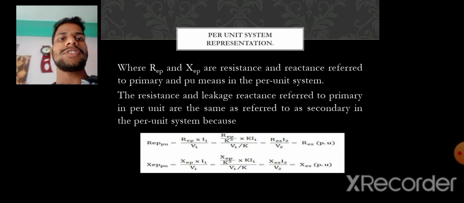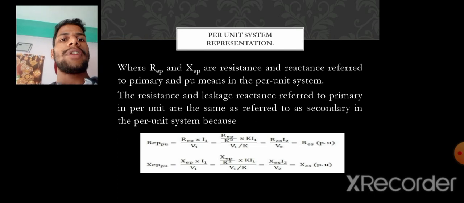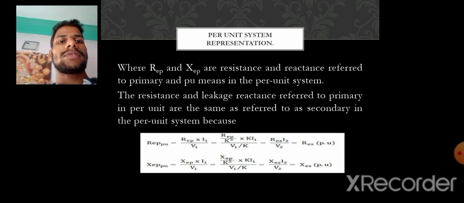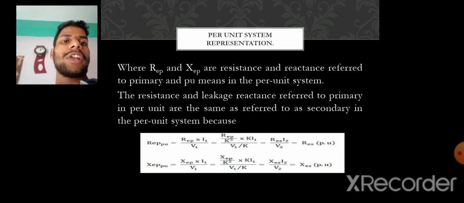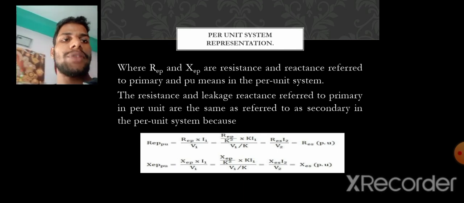In the per unit system, the resistance and leakage reactance referred to the primary in per unit are the same as referred to the secondary, because the per unit equivalent resistance is equal to R equivalent into I1 by V1, where R equivalent is R_ES by K square, into K into I1 by V1 by K, which is equal to R_ES I2 by V2, which is equal to R_ES per unit.